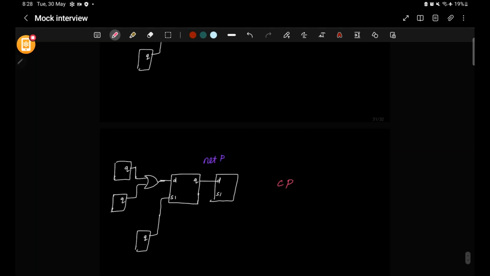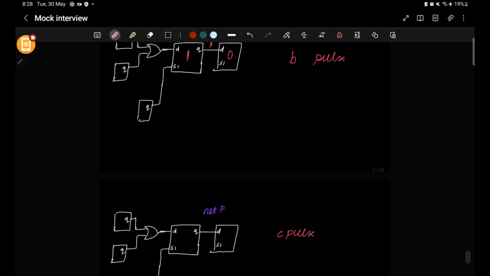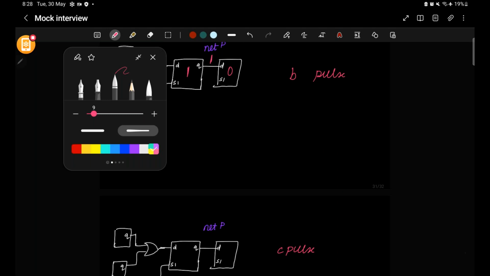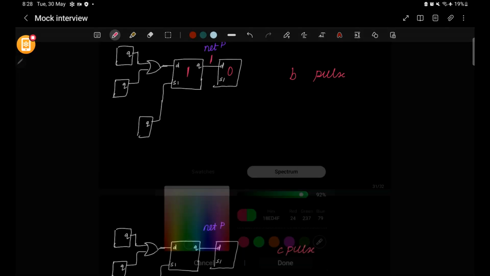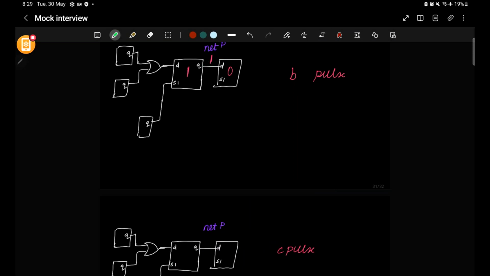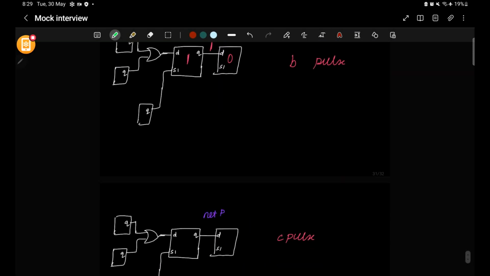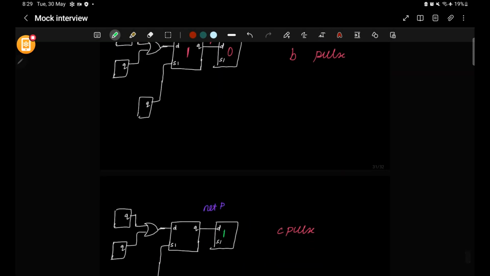And during C pulse, if this net is not having a slow to rise fault, then immediately it would have got transitioned to 1. So if this captures 1, then this is a good value, and net P is not having a slow to rise fault.